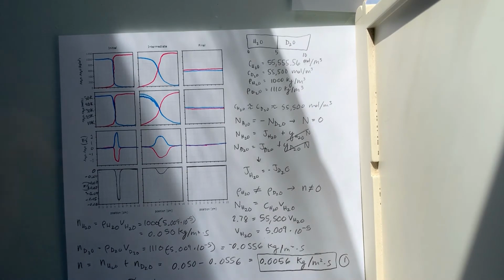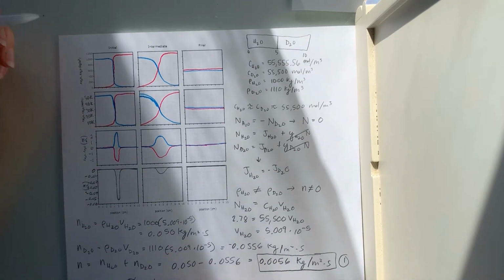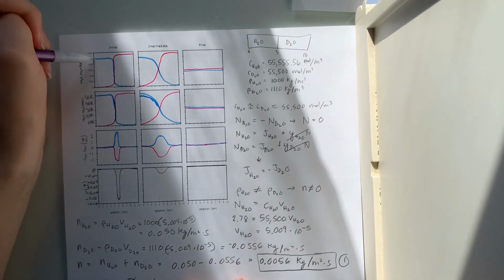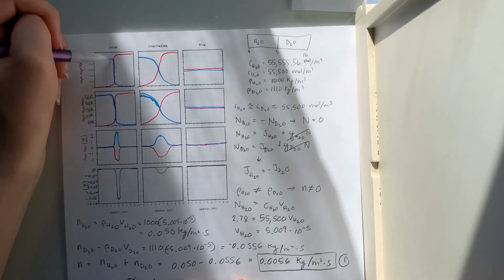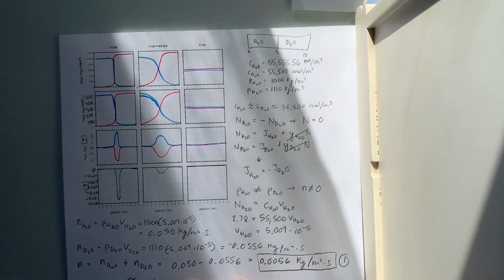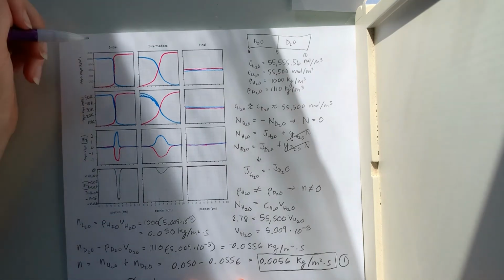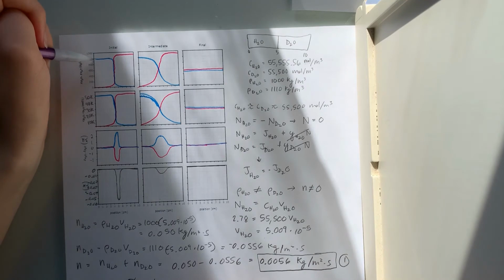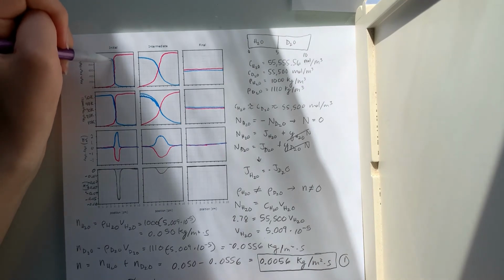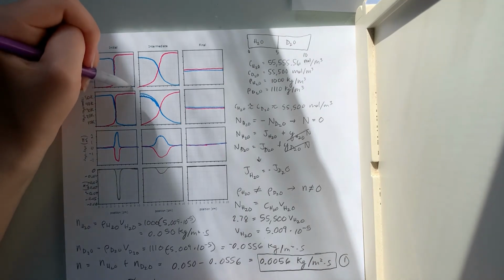When looking at the graphs for mass concentration, at the initial point, when the liquids have just first started diffusing, each one will start at its initial mass concentration. So for water, 1,000, for deuterated water, 1,110. They'll stay at this concentration until they reach the interface and then drop to 0.